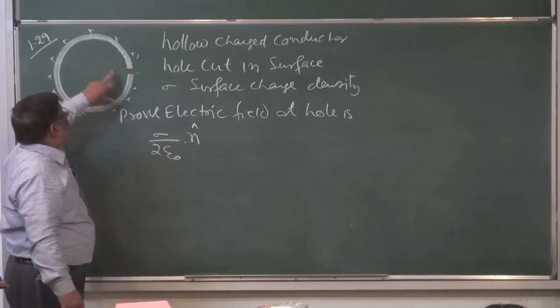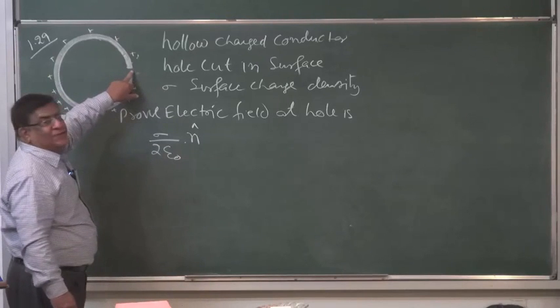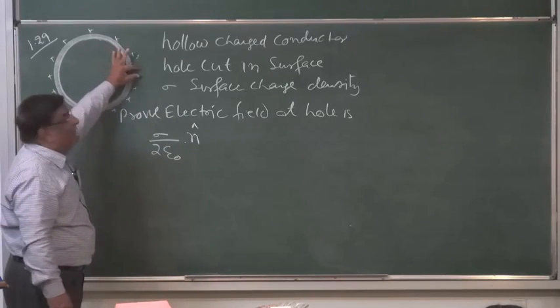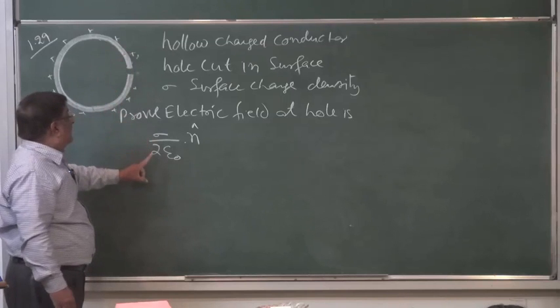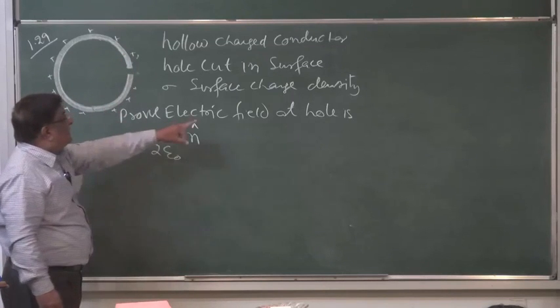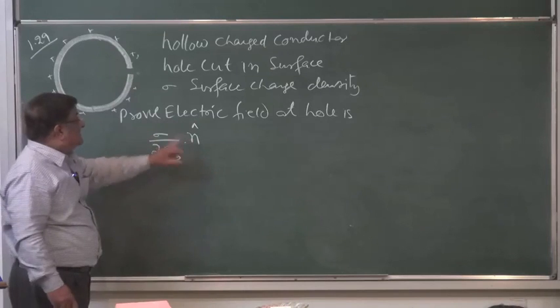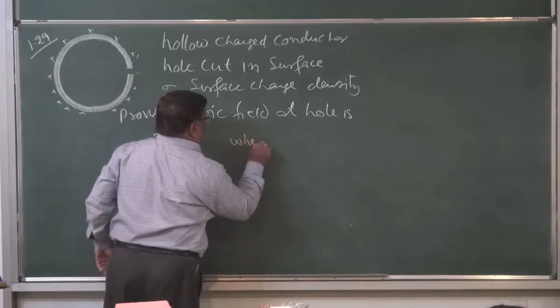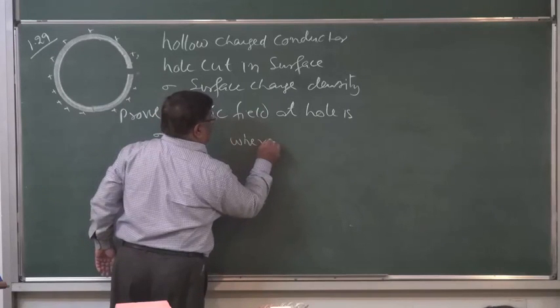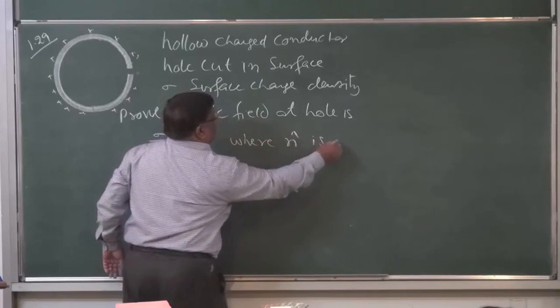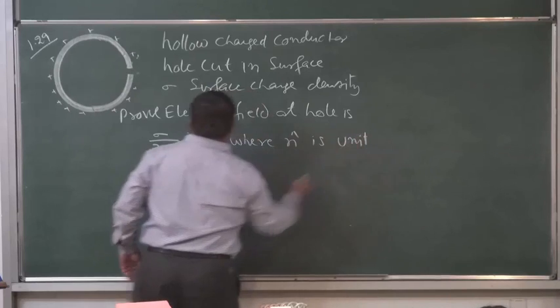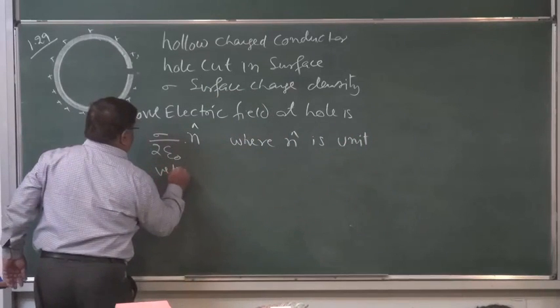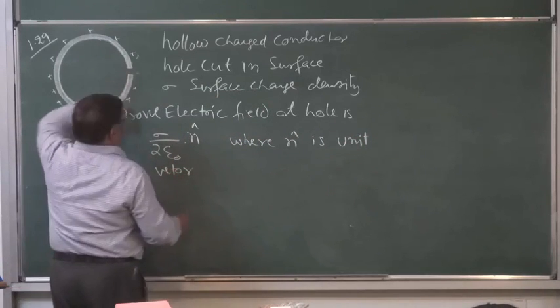Now they say that here there is an electric field. ये जो opening है, इस opening में electric field कितना है? Prove that electric field at the hole is this, where n is unit vector normal to the surface.